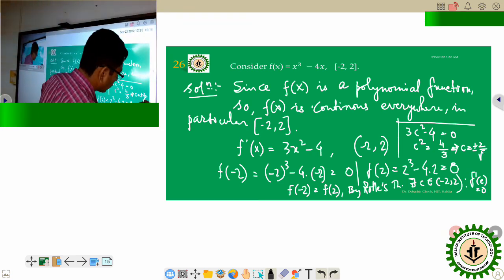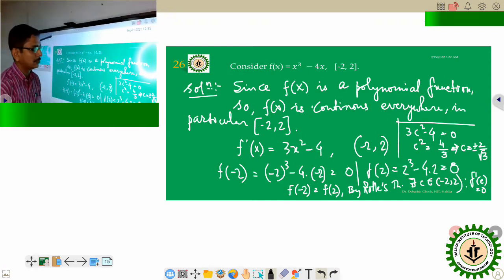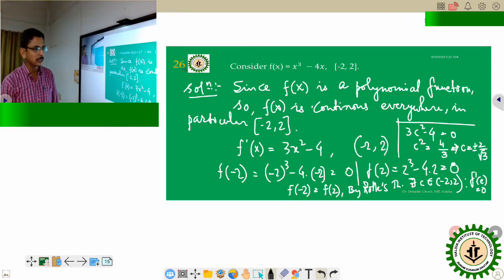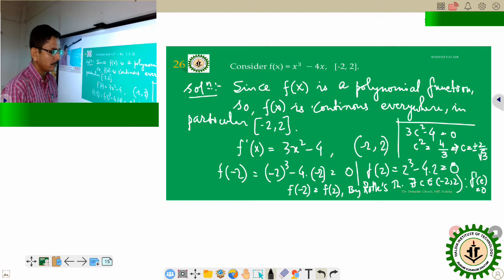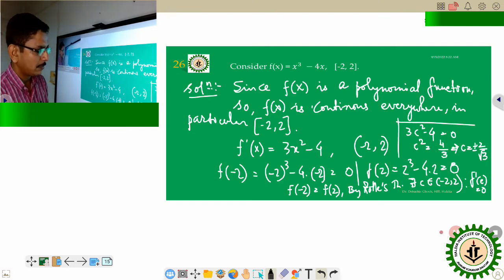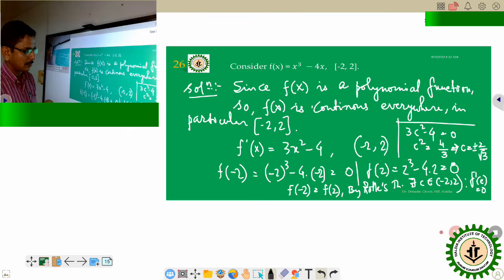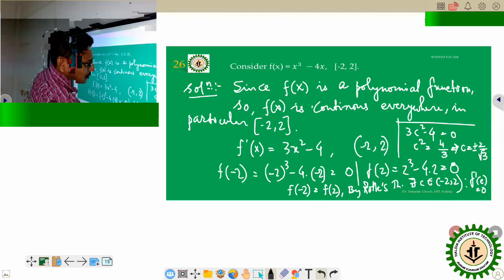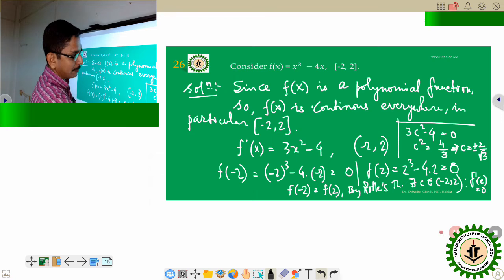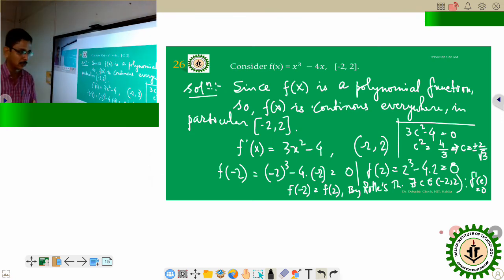You know that the point 2 by root 3 lies between minus 2 and 2, so both the points lie in the open interval minus 2 and plus 2. So therefore, instead of 1, we are getting 2 points.